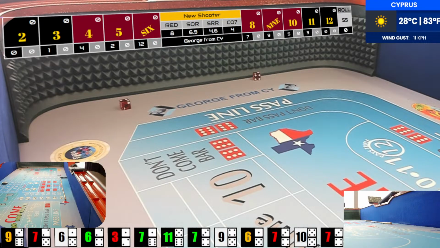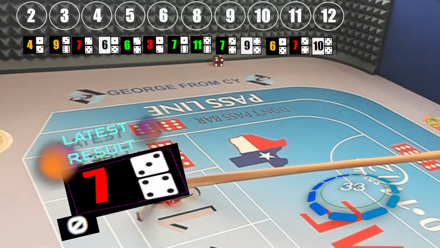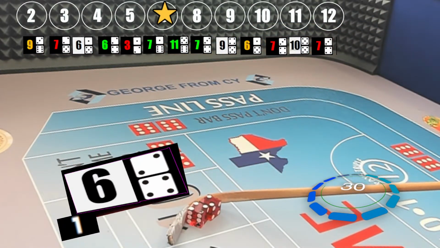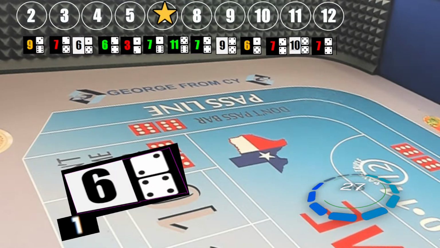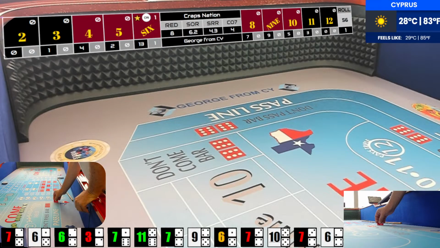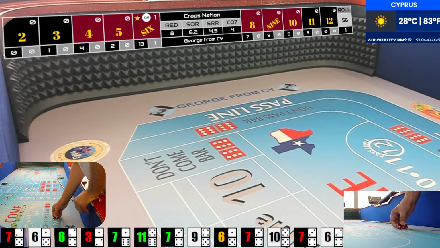Explosion of the right die. Dice out 3213.